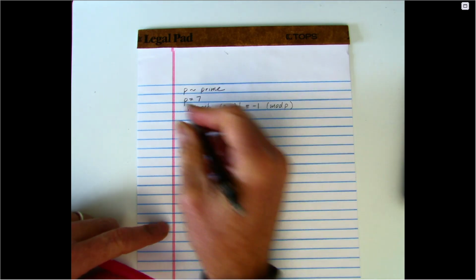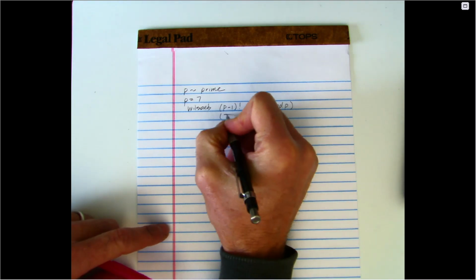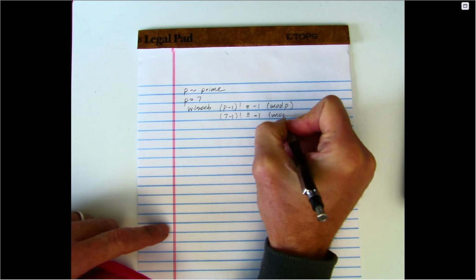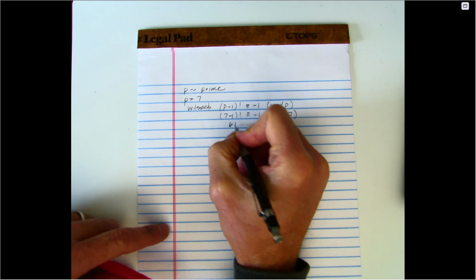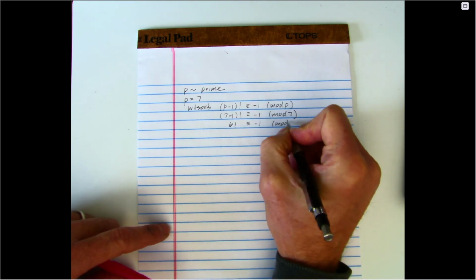So if we apply that to this situation, then we would have 7 minus 1 factorial congruent to negative 1 mod 7. So that would mean that 6 factorial is congruent to negative 1 mod 7.